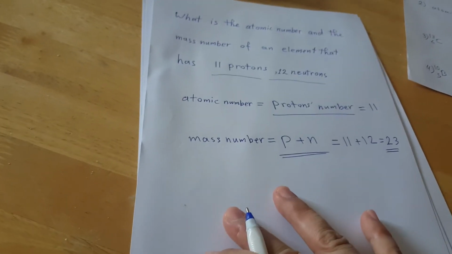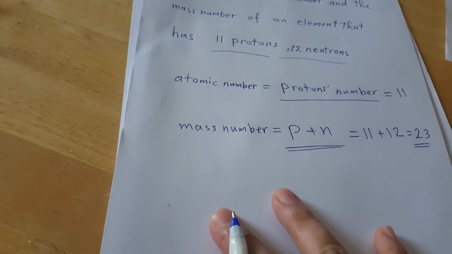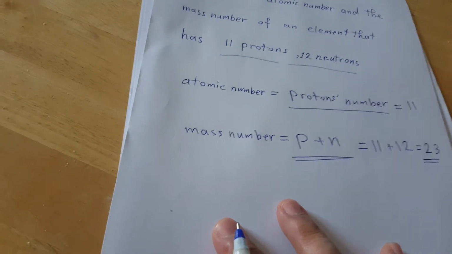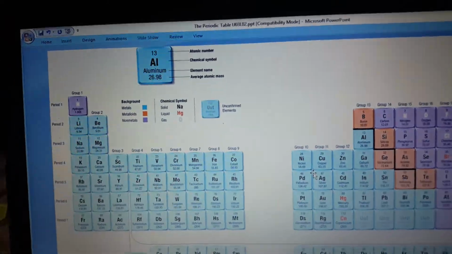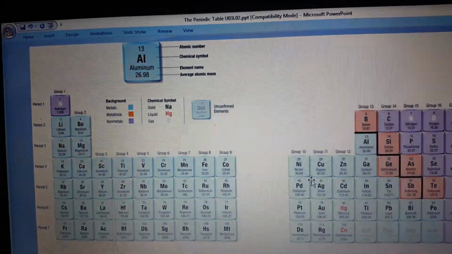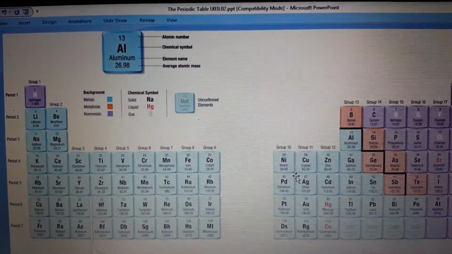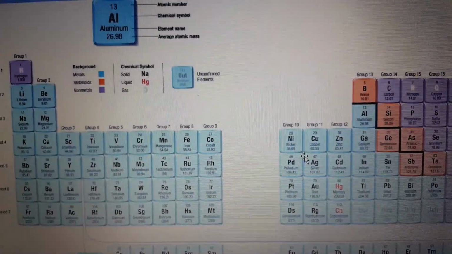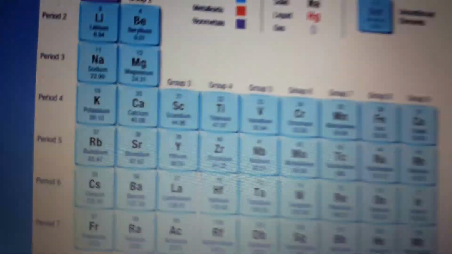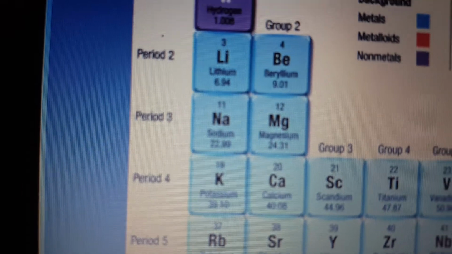If I ask you, which element is this? How we will find it? We will go to the periodic table. We will look for the element that has 11. Atomic number is 11, which is the sodium.